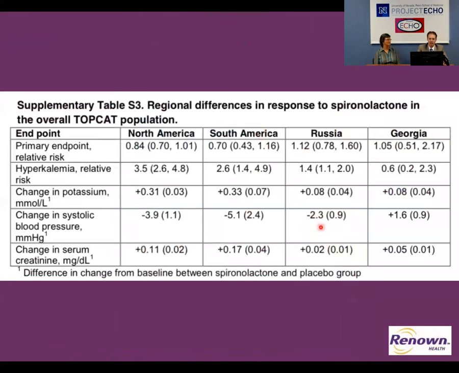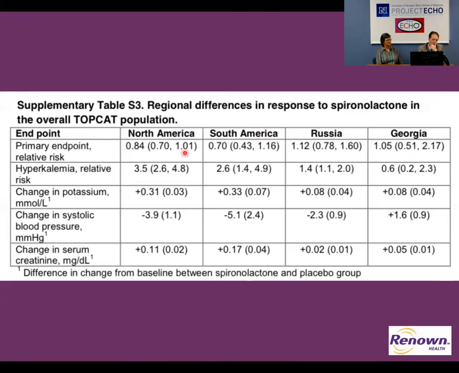So the Russians weren't taking the medicine, and then if you look at the supplemental indices of event rates in different populations, and you look at the United States, remember that the 95% confidence interval parenthetically there tells you we're 95% confident that this lowered event rates if you don't cross unity.